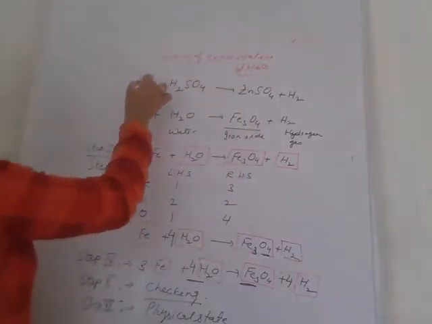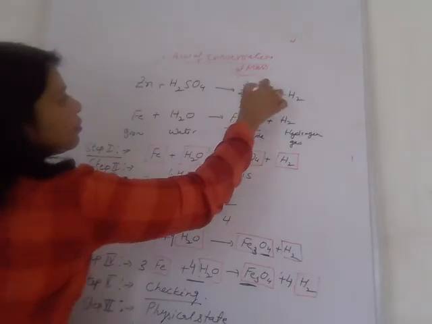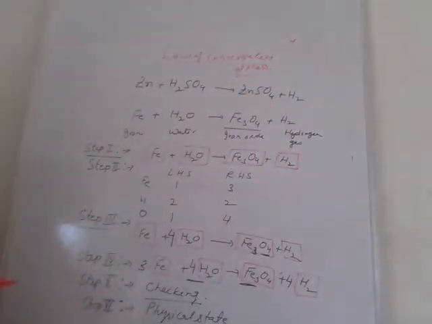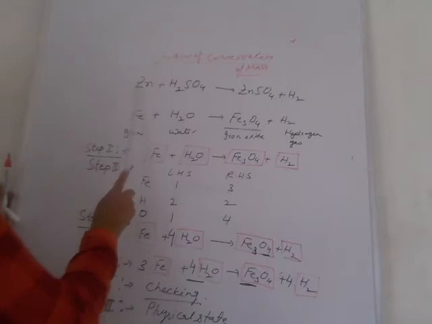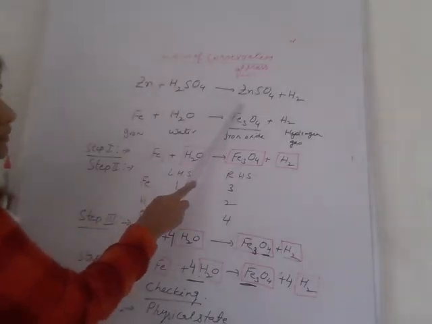According to this law, the mass of the reactants and the mass of the products formed in a reaction remain the same. In other words, we can say that the number of atoms of each element on the left hand side and on the right hand side remain the same during a chemical reaction.